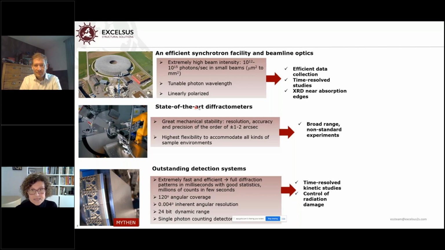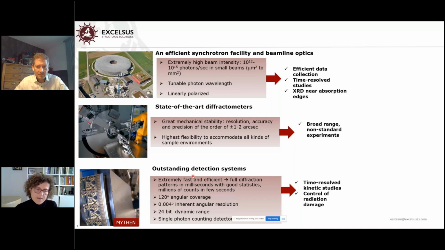For the state-of-the-art diffractometers, it is very important to have great mechanical stability so that you can achieve extremely high resolution, and accuracy and precision of the order of a few arc seconds. It is also quite important at a synchrotron to have high flexibility to accommodate all kinds of sample environments, and this has certainly been the choice at the Swiss Light Source. For detection systems, there are many appropriate to the purpose.